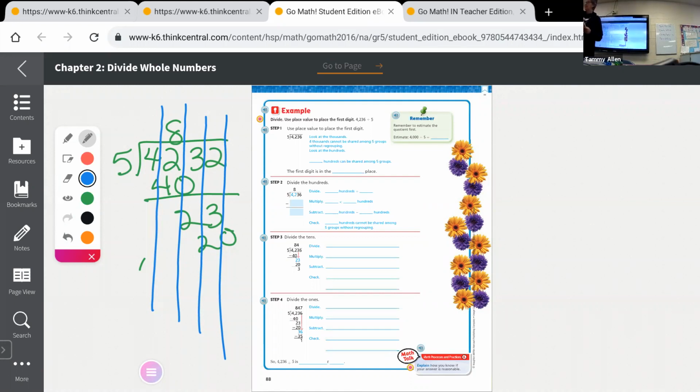Page 11. Here we go. On page 11, circle 3, 5, 7, and 11. You had it for an assignment, so I hope you still have it. 3, 5, 7, and 11.